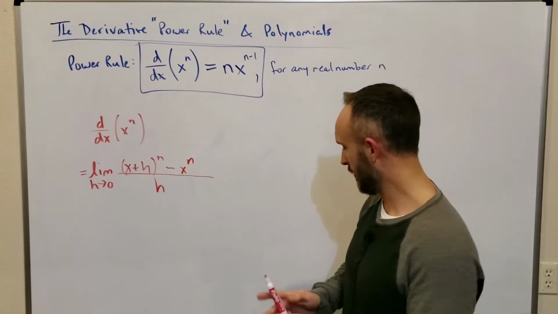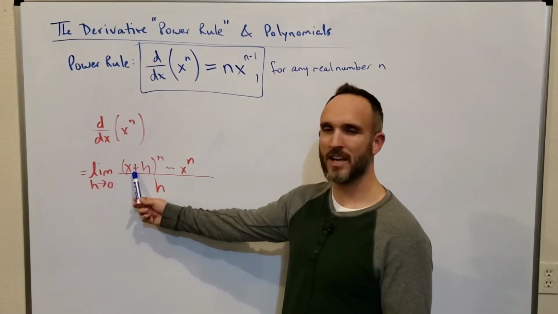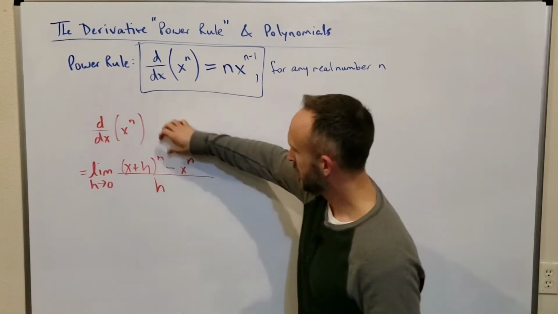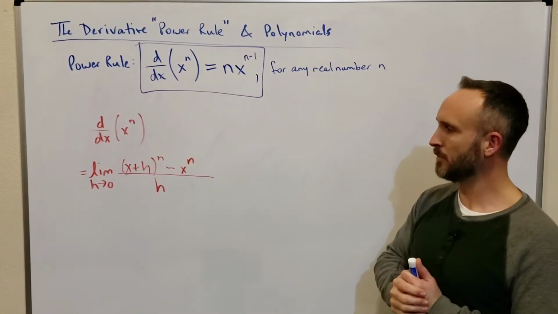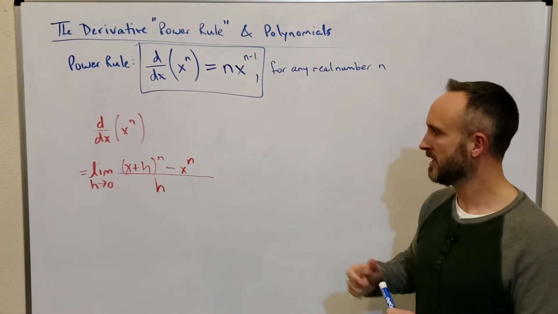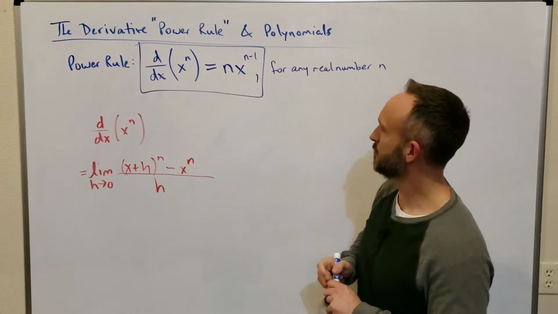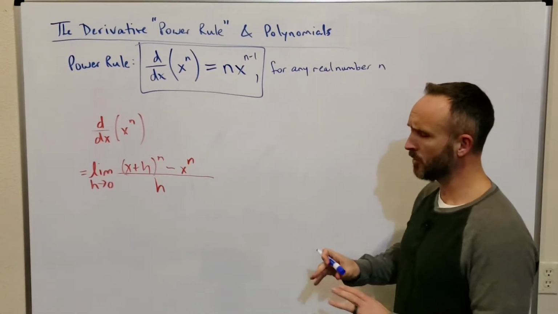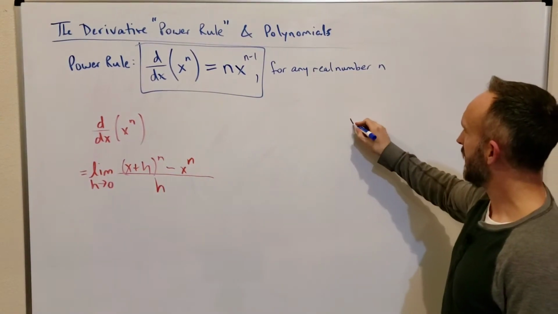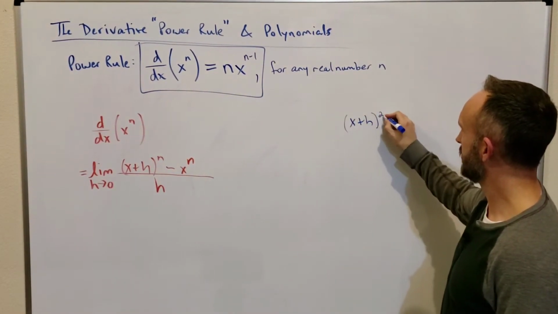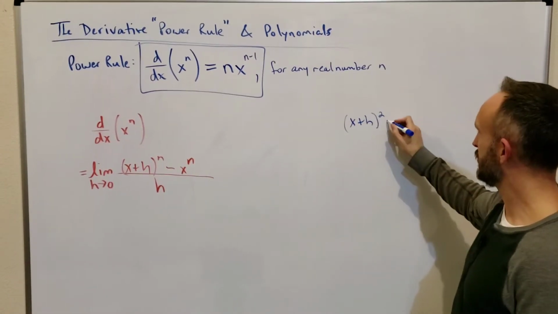Now the cool algebra that I was talking about involves the generic expansion of x plus h to the n power. So I'm not going to teach all of the theory behind this, but I am going to help you see kind of what happens here, and we'll see how all of this turns into this outcome. So the first thing is, if we go off and explore this, if I have x plus h squared, if I take x plus h times x plus h, here we're looking at the n value of 2.